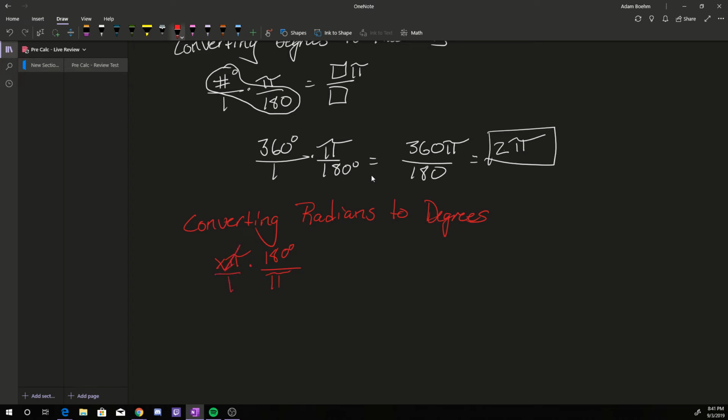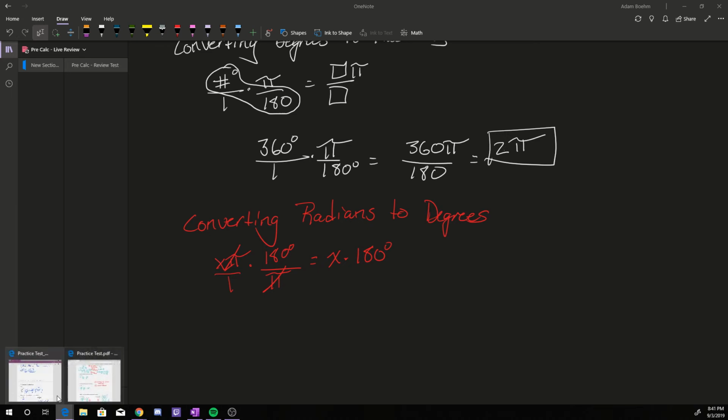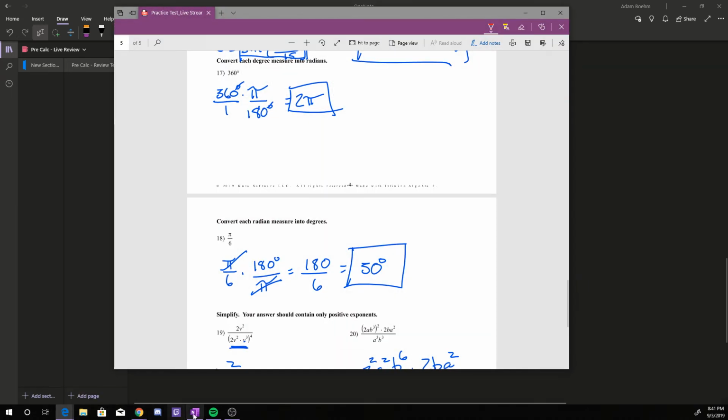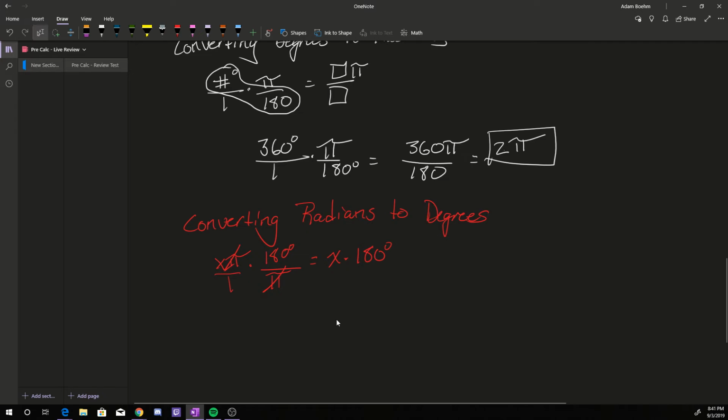In that way, the pi's cancel, and you're left with some number times 180 degrees, and you carry out that multiplication. Again, our example is pi over 6. So we multiply by 180, divide by pi. These pi's cancel. Then we have 180 degrees divided by 6. If you carry that out, you just get 30.